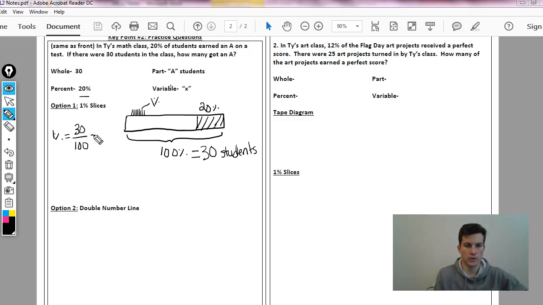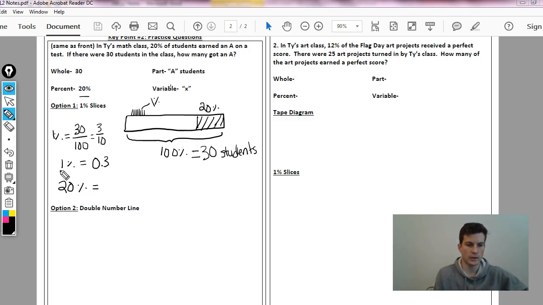Well, you could simplify this to 3 over 10, which is 3/10. So another way you could say, hey, 1% is equal to 3/10, and if we write that as a decimal, 1% is equal to 0.3. Okay, we're almost there. We don't want 1%, we want 20. So we think, hey, 20% is equal to what?